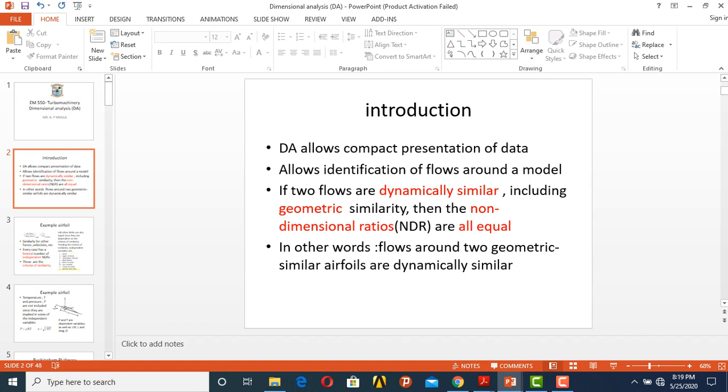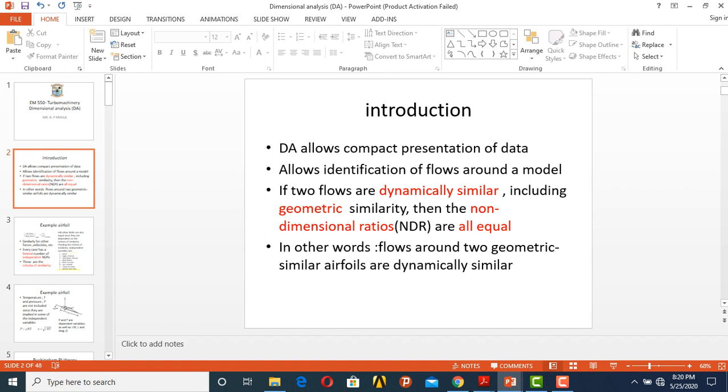It also has two areas as we consider the flows, that is dynamic similarity or geometric similarity. The non-dimensional ratios or the constants are all equal.